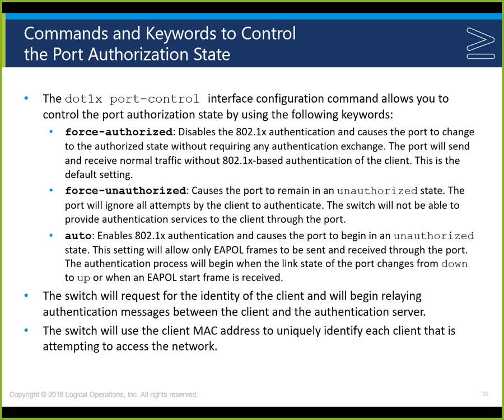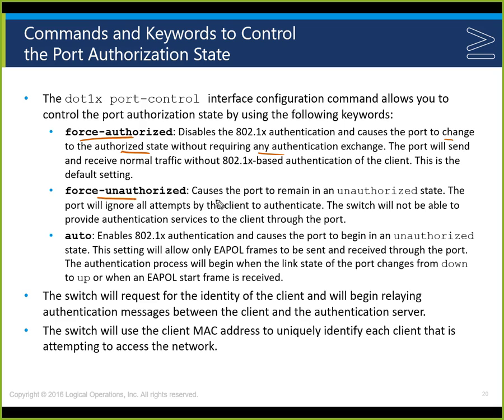There are some different configurations, and you may wonder why I went to all this trouble, because we have some states here. One is forced authorization, which is one of the configurations we can do. It causes the port to change to an authorized state without requiring any exchange, so it's going to authorize it.